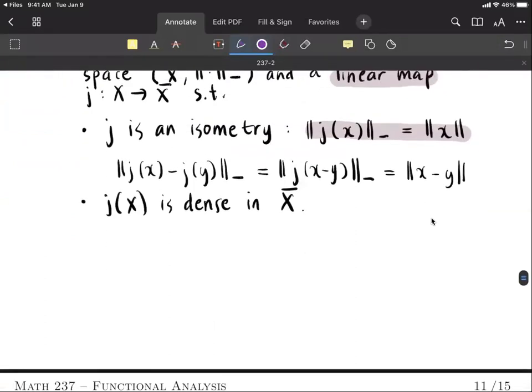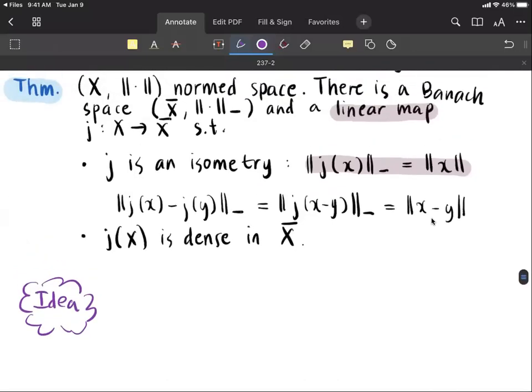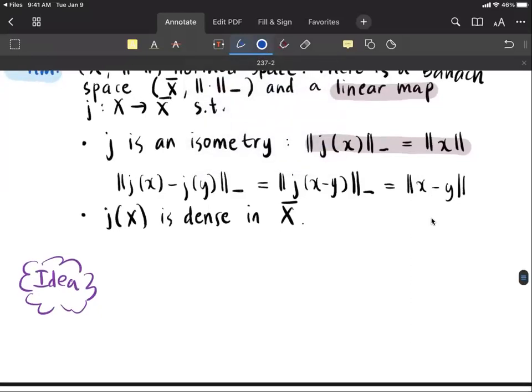Okay, I will not give a complete proof. I'll just present you the main idea. So you follow the same construction. You take equivalence classes.